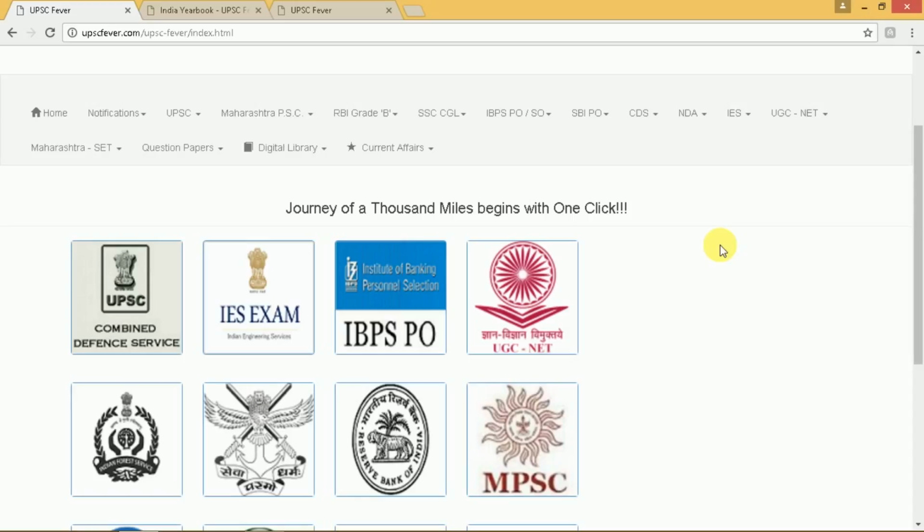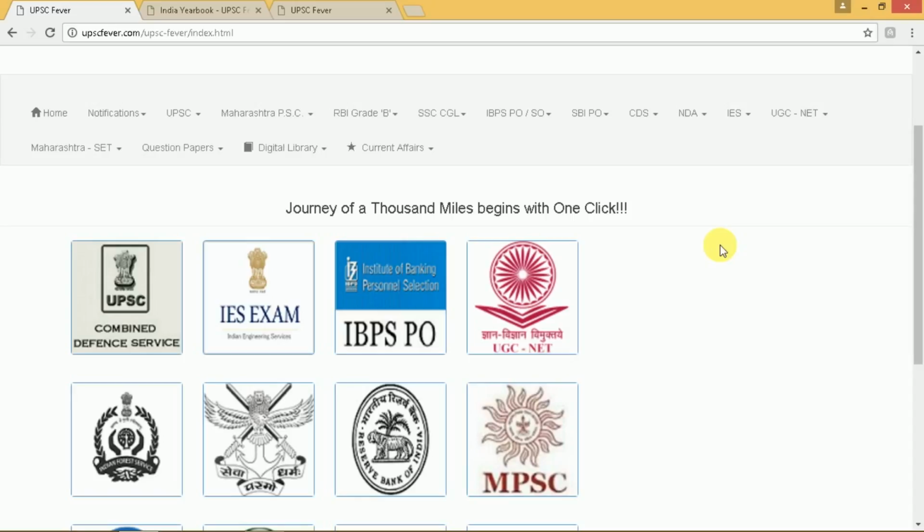The next scheme, the National Rural Livelihoods Mission, which was renamed as Ajivika. It aims to organize all rural poor households into self-help groups and federations at the village level and higher levels like taluka and towns by 2021 to 22.